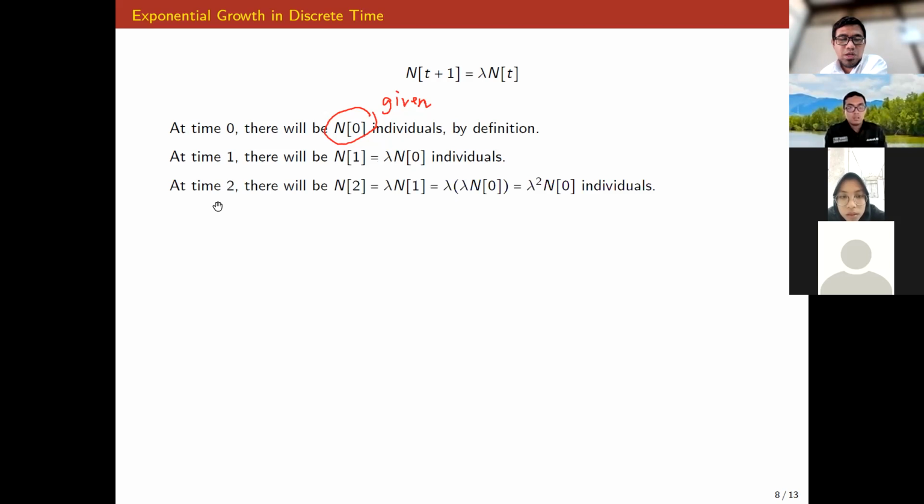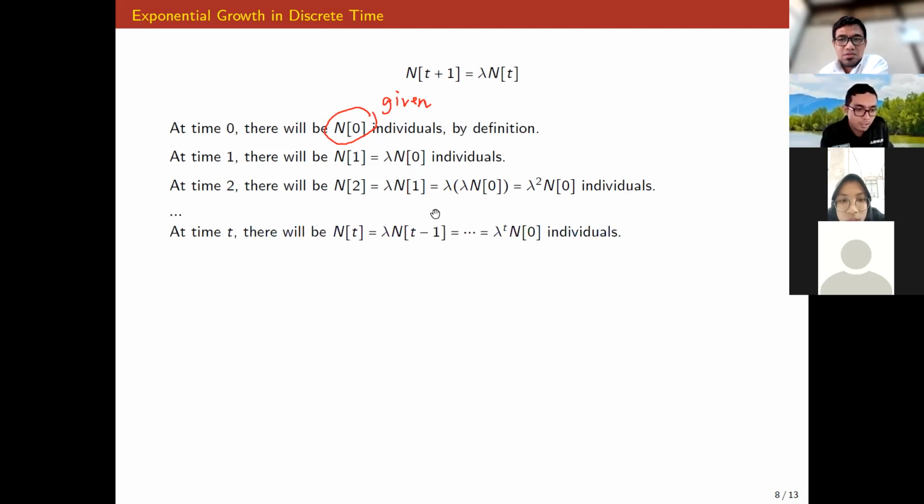Next, at time 2, we'll have n_2 is equal to lambda times n_1. But n_1 is equal to lambda times n_0. So we'll have lambda times lambda, which is equal to lambda squared times n_0. Okay, can you follow this? And so on. So at time t, we will have n_t is equal to lambda times n_{t-1}.